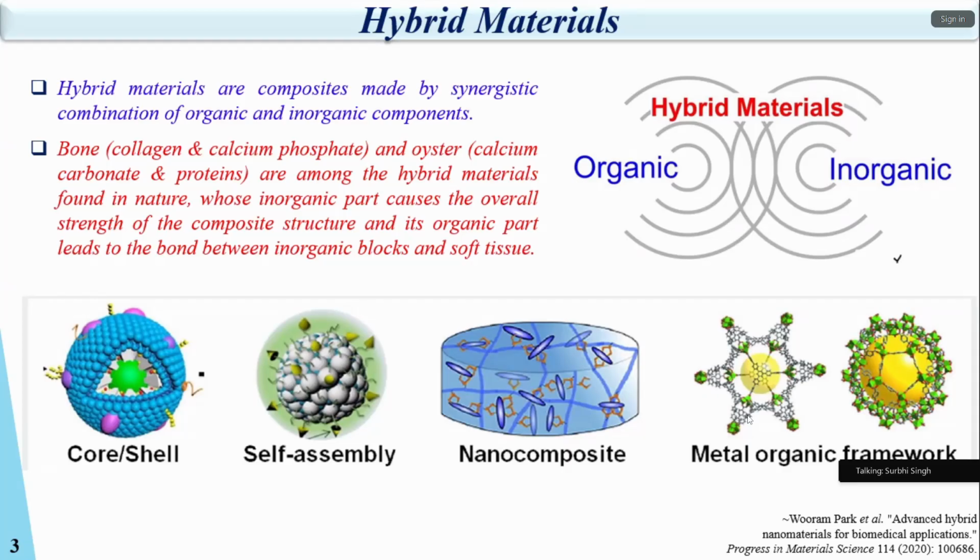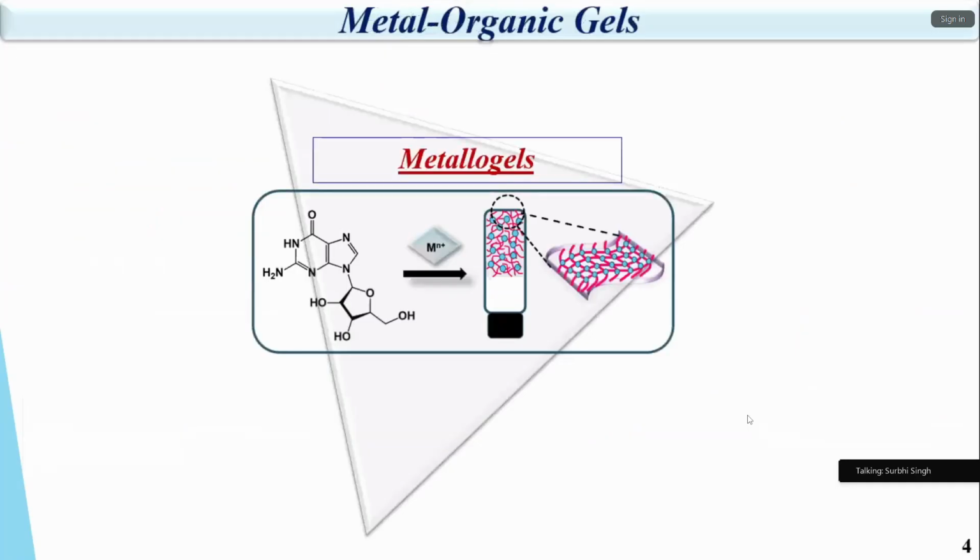Core shell materials, self-assembling materials, nanocomposites, and metal organic frameworks are some examples, which consist of an organic as well as an inorganic counterpart. So among these hybrid materials, I have done some application work on metallogels. So I would like to give a brief about these metallogels.